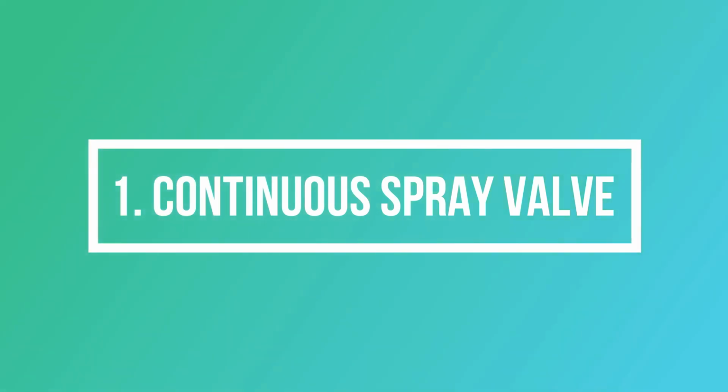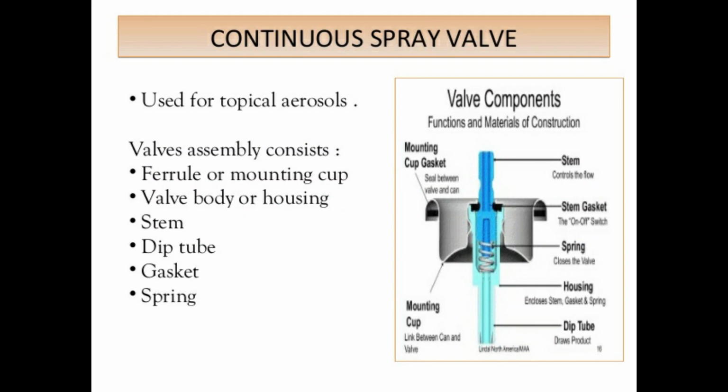The first type of valve is the continuous spray valve. It is used for topical aerosols. The valve assembly consists mainly of ferrule or mounting cup, valve body or housing, stem, dip tube, gasket, and finally spring.